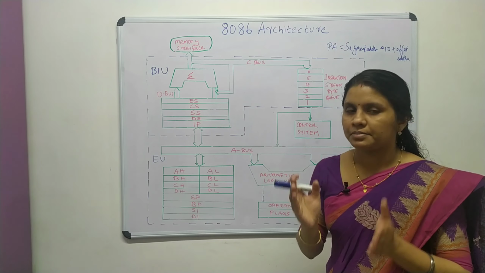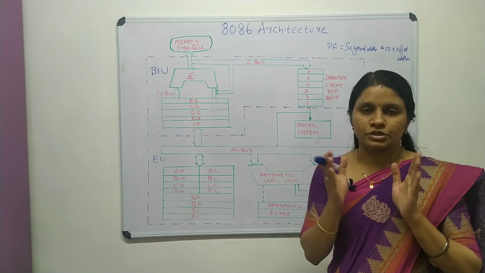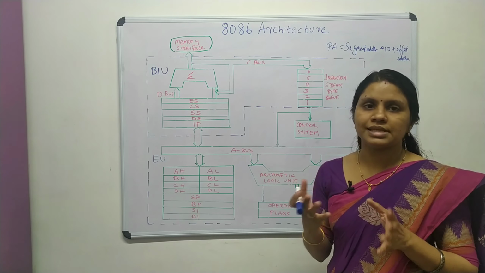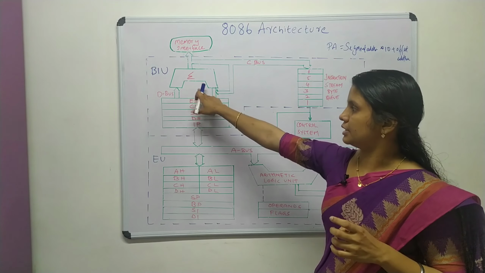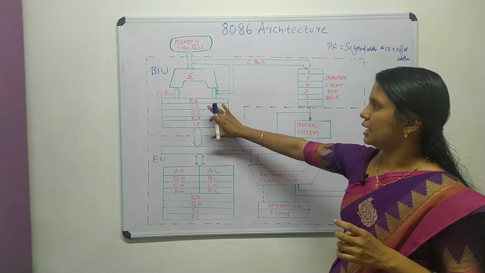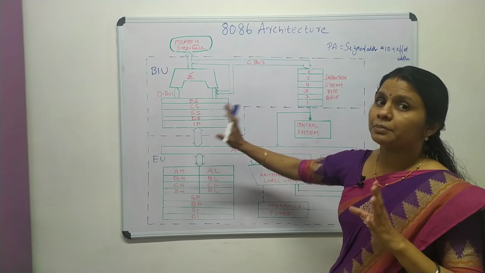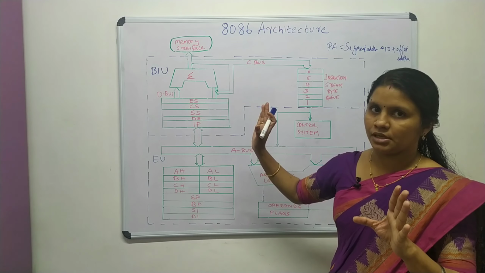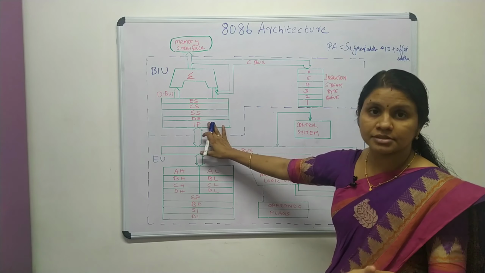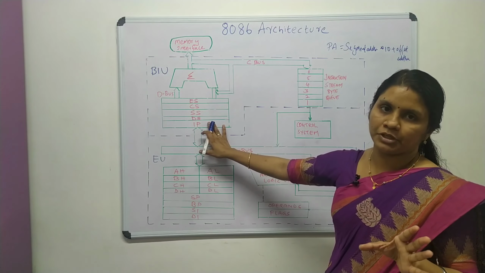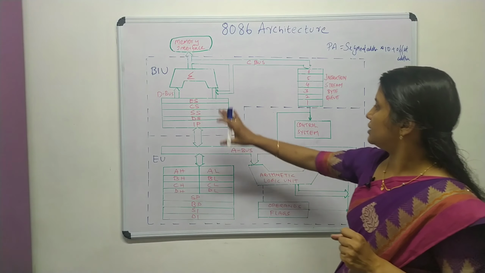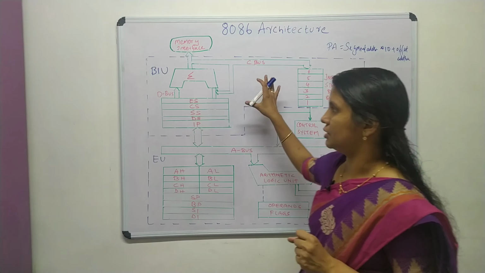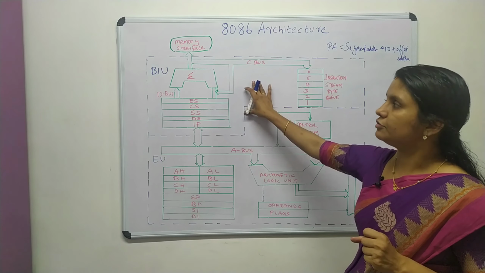These segment registers are used to calculate the segment address and the physical address. The memory is divided into segments, and the segment registers are present in the BIU. Okay, fine. That is about the functions of BIU.